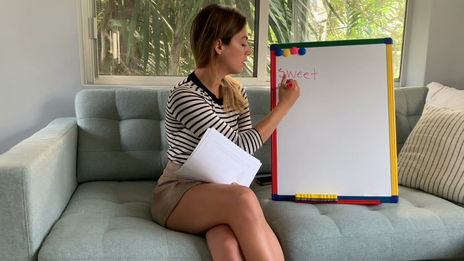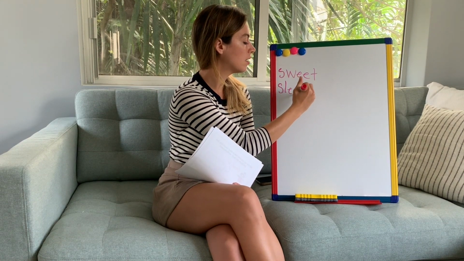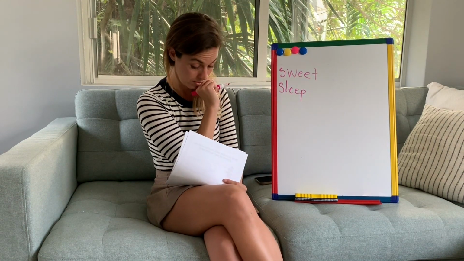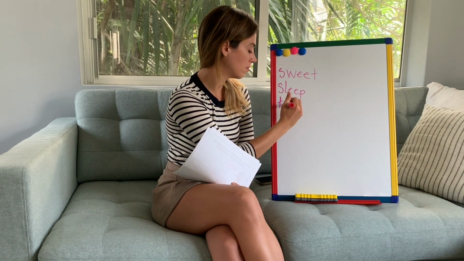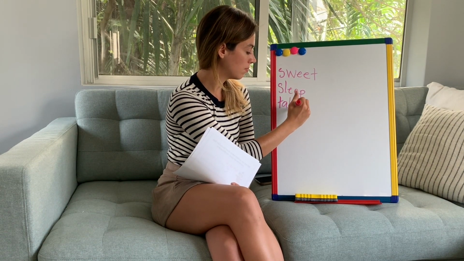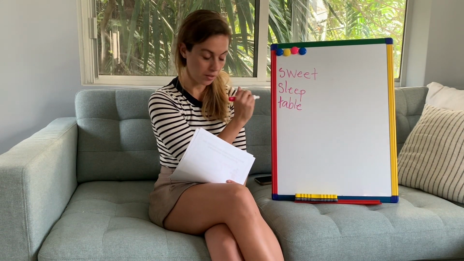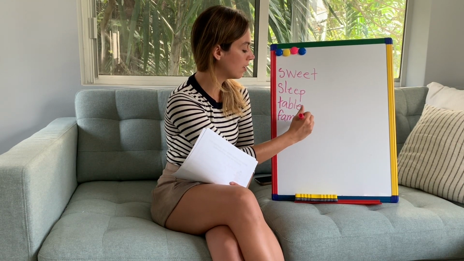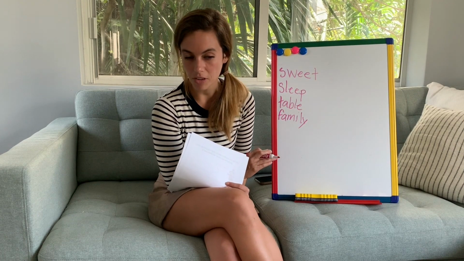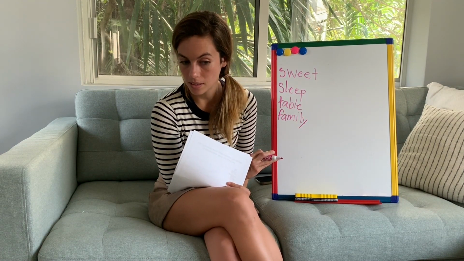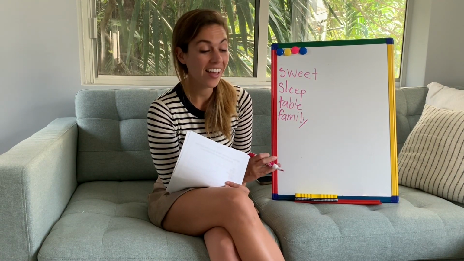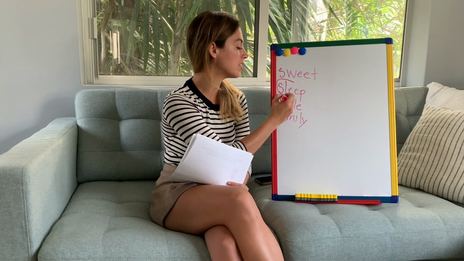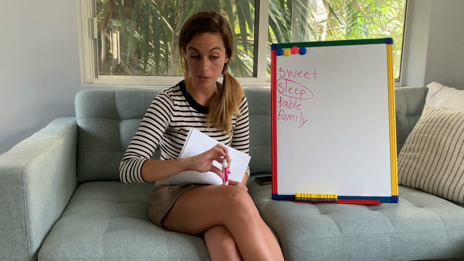Sweet, sleep, table, and family. Okay, which one is our verb? Which one can you do? This is our action word, sleep. Very good.